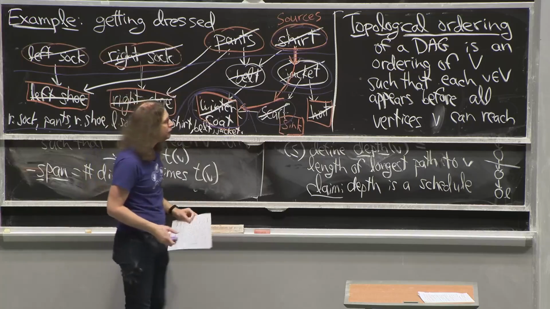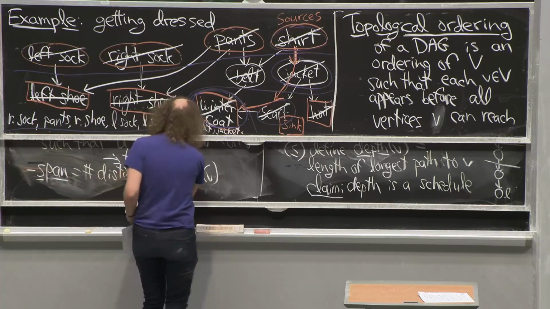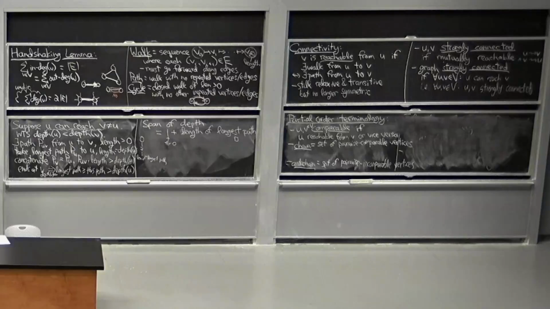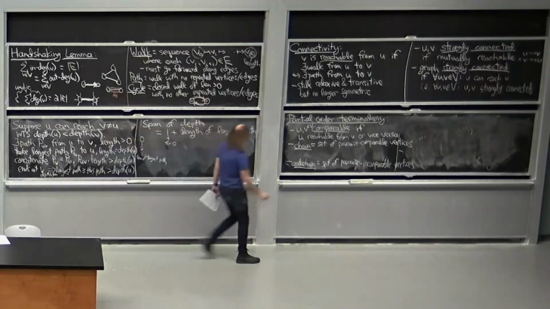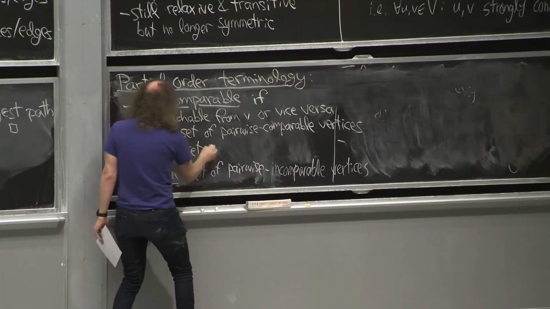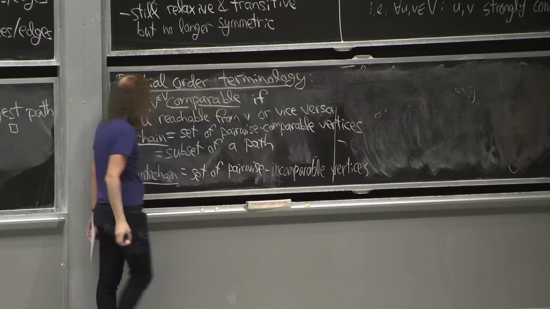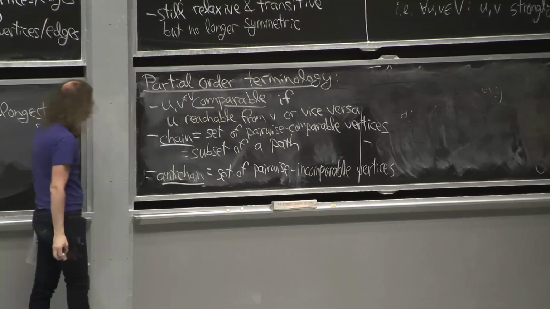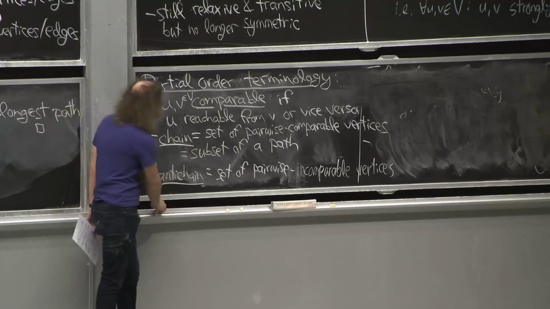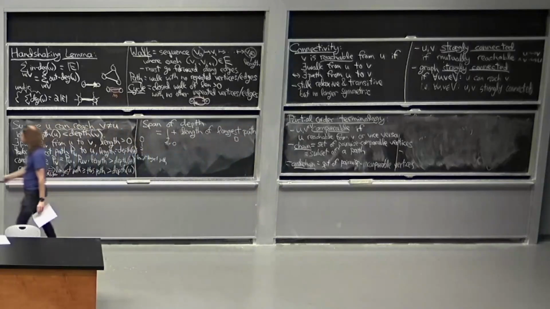Chains basically correspond to paths, except you can throw some of the vertices away. This is basically a subset of a path. Every chain is going to be a subset of a path. An antichain, though, is sort of the interesting new notion here. That's going to be a set of vertices that are mutually incomparable.